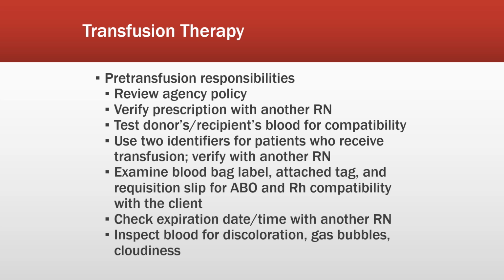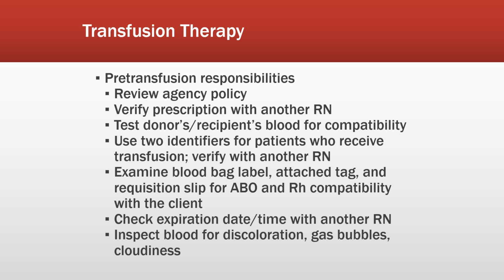You go to the blood bank, you pick up the blood, and when you're there, you have information about your patient that you are comparing with the information that the blood bank has, and it has to be a match. So again, donors and recipients are tested for blood compatibility, using your two patient identifiers to receive the transfusion.